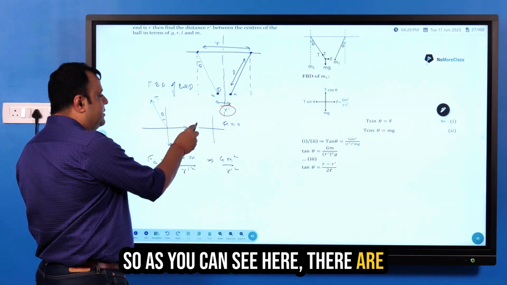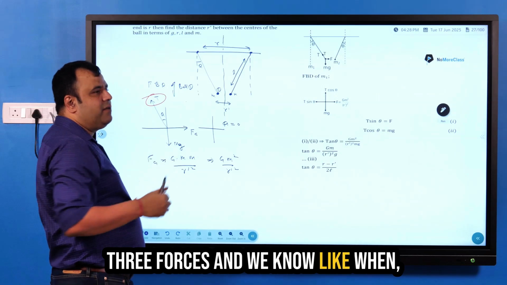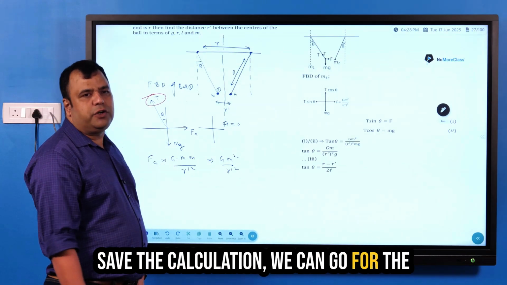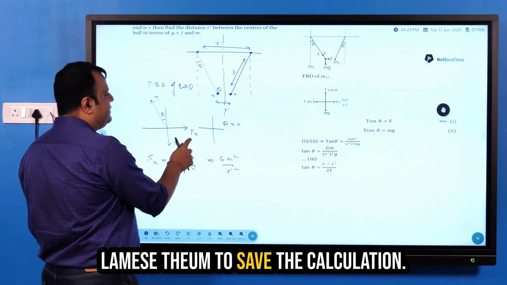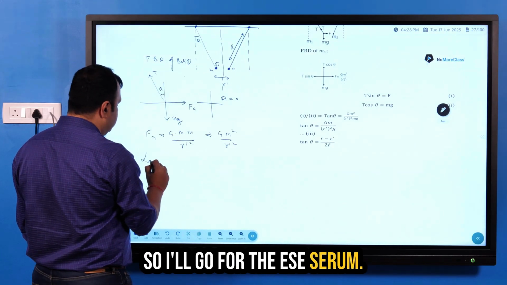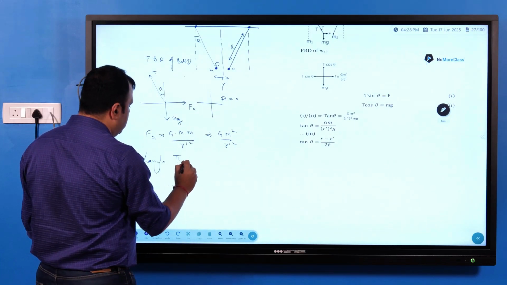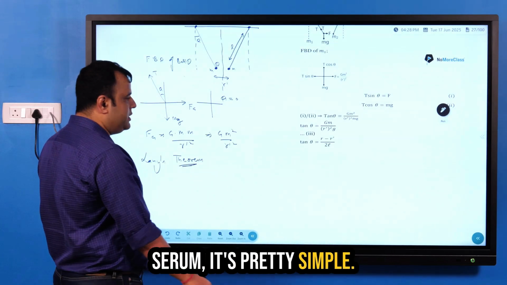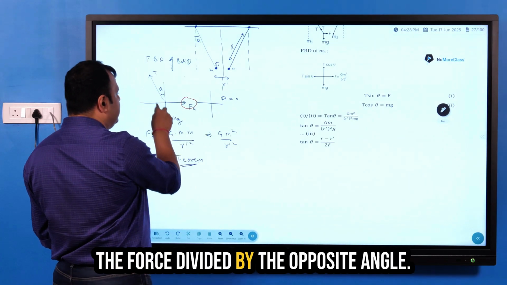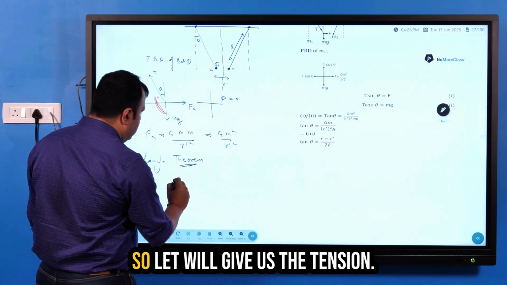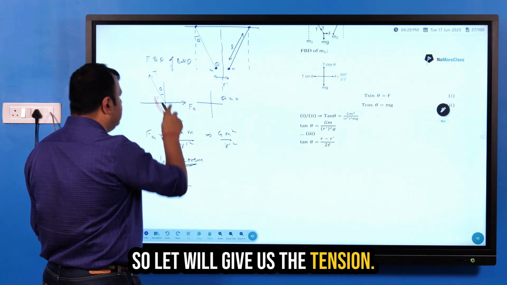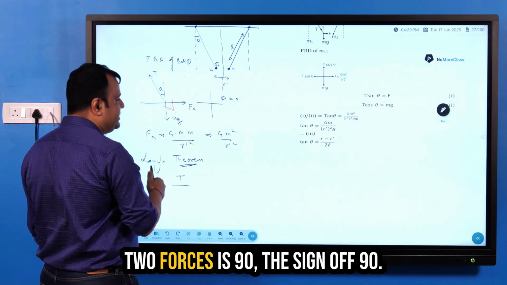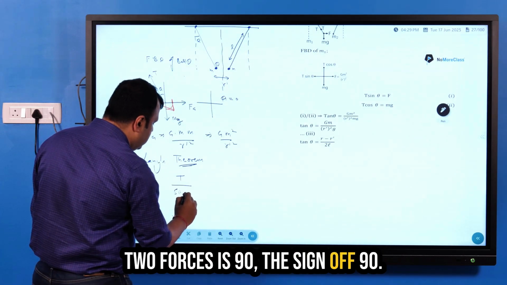As you can see here, there are three forces. And whenever we have three forces, to save the calculation, we can go for Lami's theorem. So I'll go for Lami's theorem. It's pretty simple: the force divided by the sine of the angle between the opposite two forces. The tension divided by sine of the angle between the other two forces, which is 90, so sine of 90.